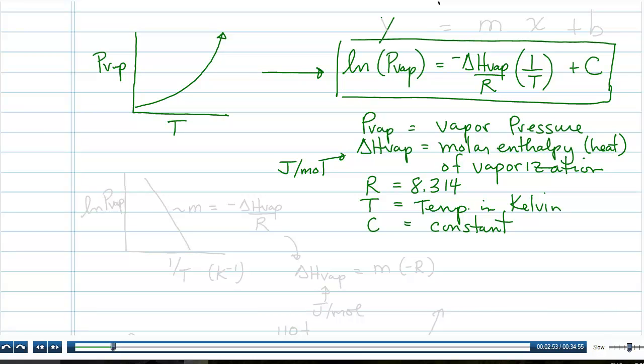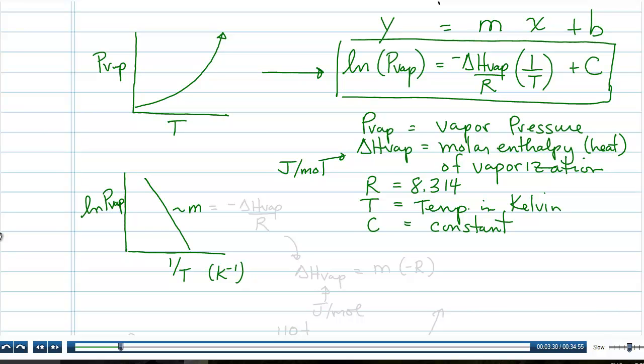You can overlay the equation of a straight line, which tells you that if instead of graphing vapor pressure versus temperature, you were to graph the natural log of vapor pressure versus the reciprocal of the Kelvin temperature, so K to the minus 1, the resulting graph should be a falling straight line. Falling because the negative sign in the equation means that the slope will be negative.